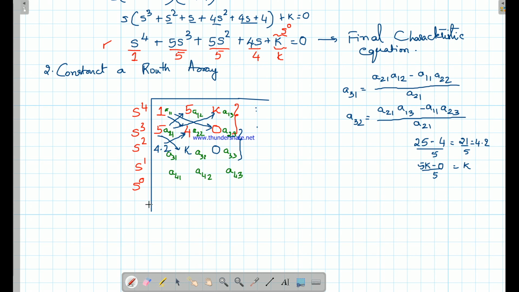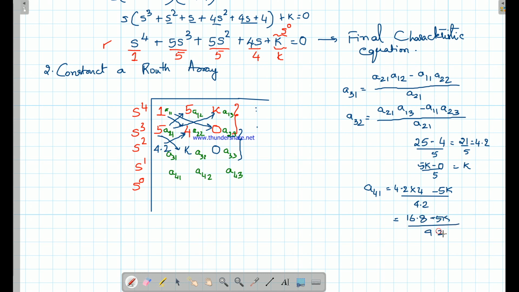Now I will be finding out the values. A41 is 4.2 into 4 minus 5k divided by 4.2. So what I will be getting is 16.8 minus 5k by 4.2.